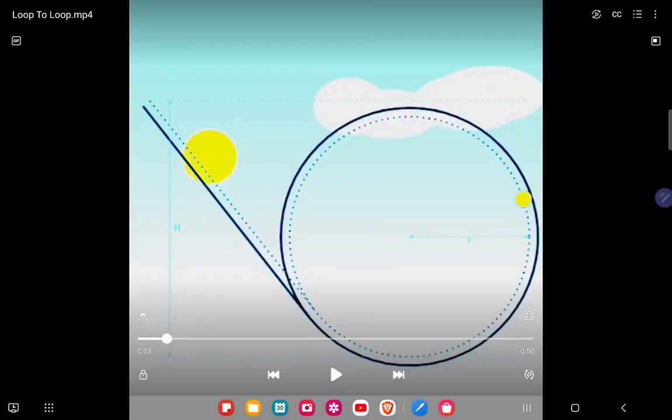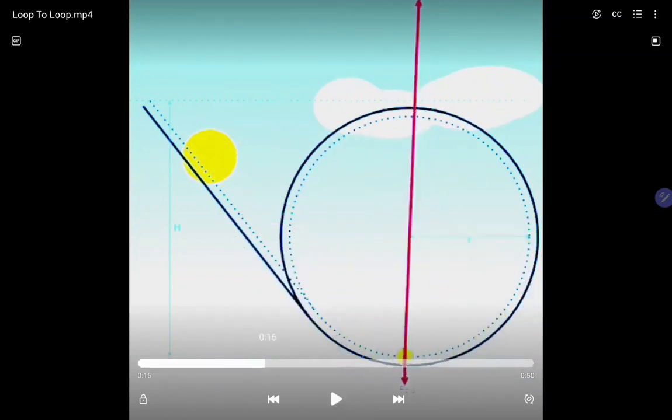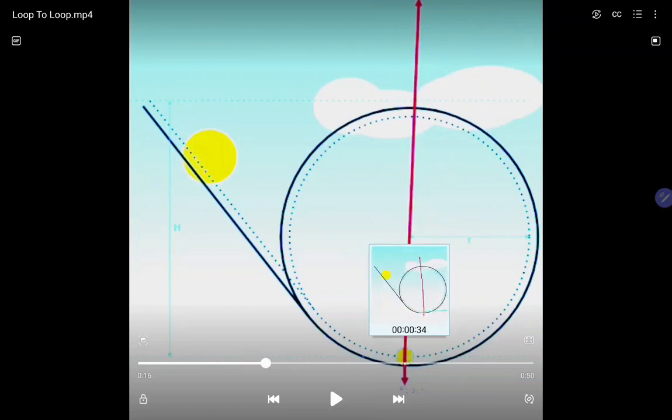In this model, as we can see, an object is moving in a circular path. At the bottom of the circular path, we have two forces. One of them is the weight, mg, and the other is the normal force.